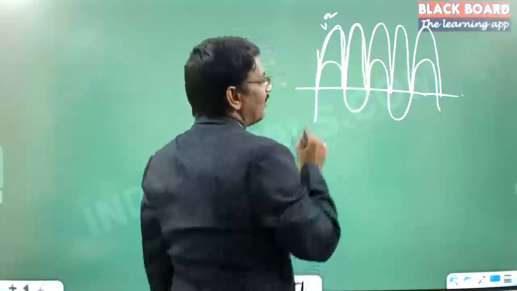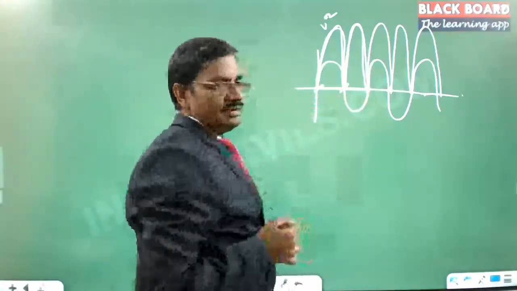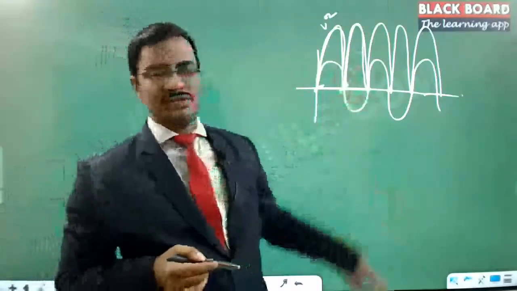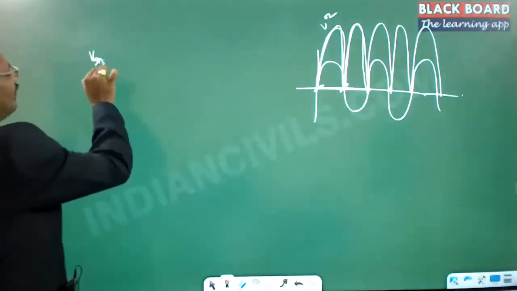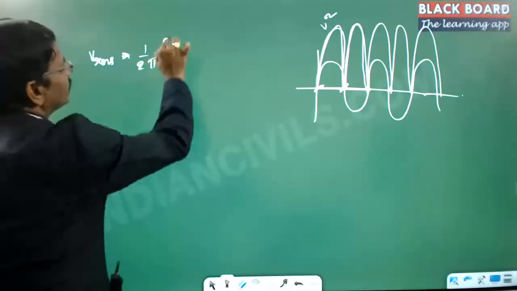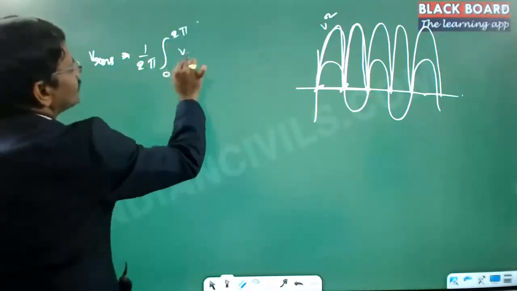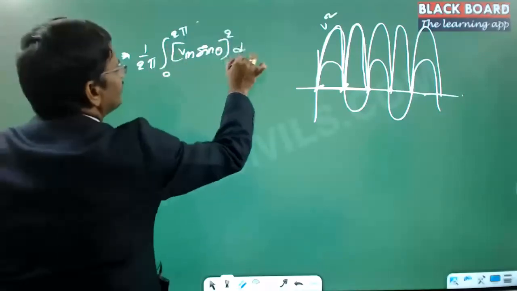Now if you want to take the average of it, you don't need to consider 2 pi. You can even consider until pi only, because this is repeated afterwards. Got it or not? So if you calculate this, I will give you two values. I will calculate VRMS as the square root of 1 by 2 pi integral 0 to 2 pi of (Vm sin theta) whole square d theta.